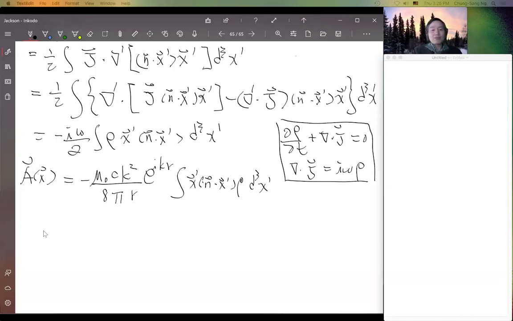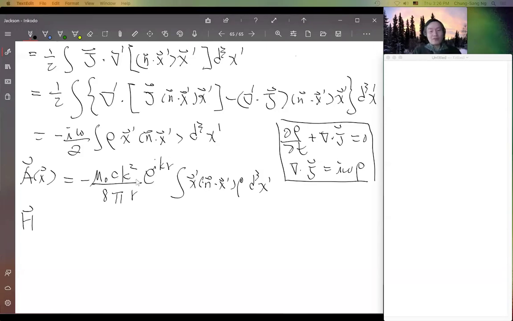Now the next step is to calculate H. So H is just the curl of A, which gives you B, divided by mu zero. So that cancels with this mu zero, then you get H. All right. And now remember that we only consider the far zone, or the radiation zone. Now when we take the curl of A, you only take the derivative over the exponential factor, e to the ikr.